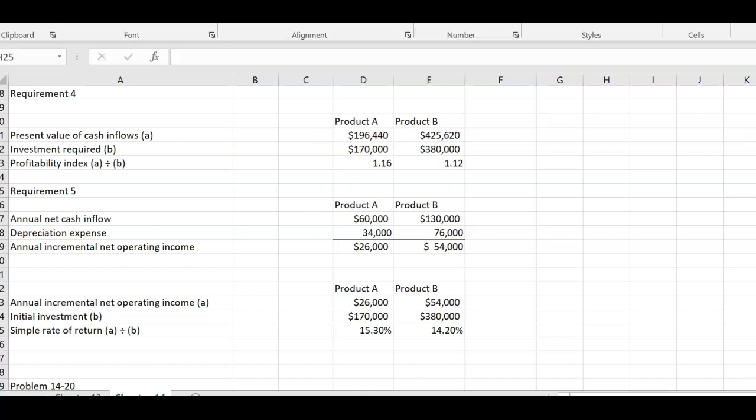However, note that the manager, the divisional manager of the company, was able to obtain a rate of return, the ROI or return on investment, of 18%.